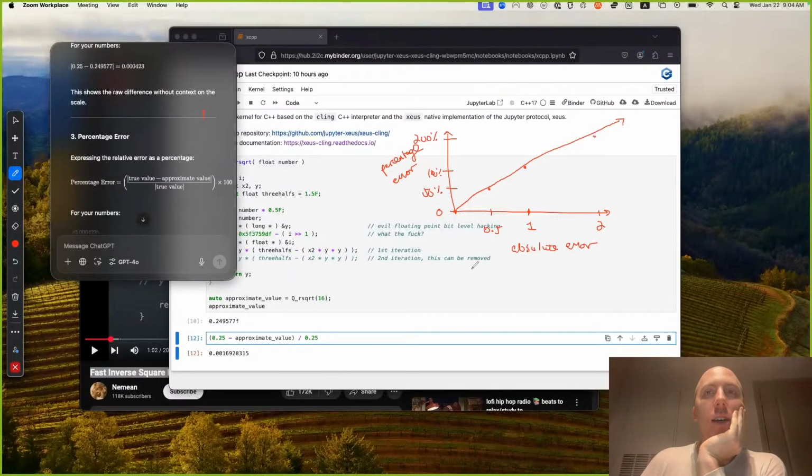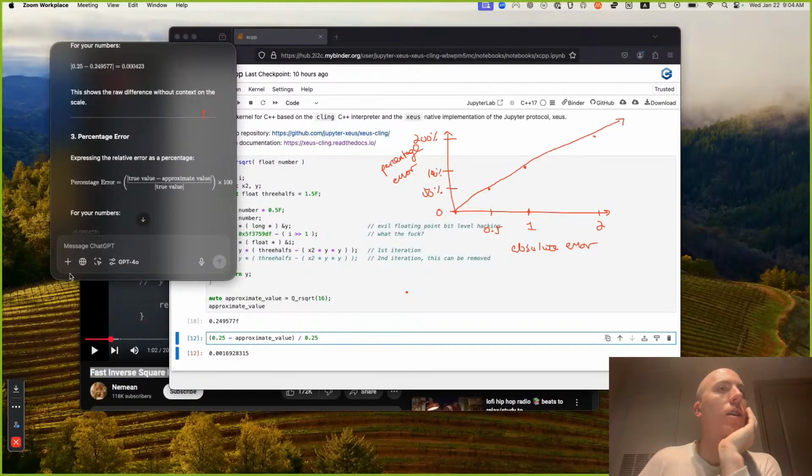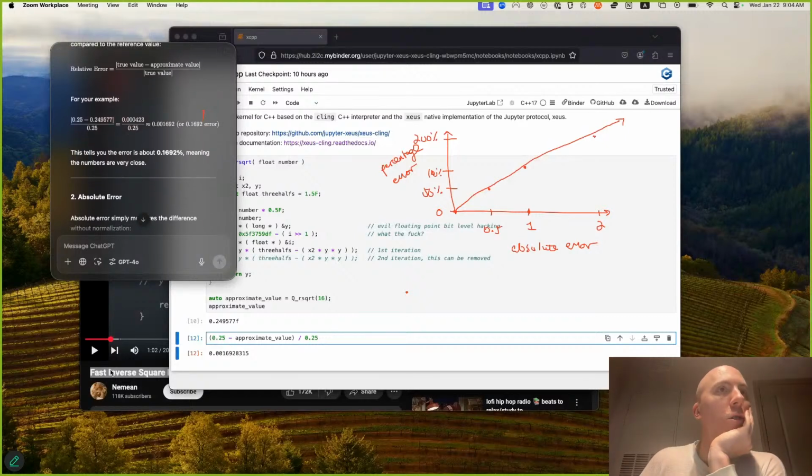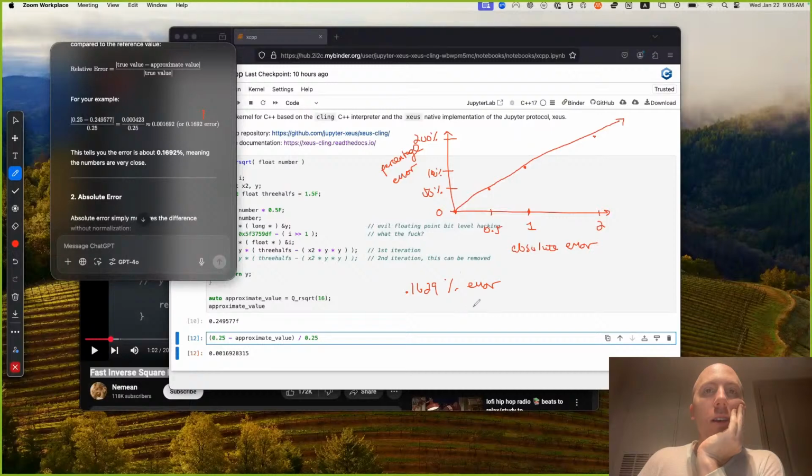So say we have a point with 0.1629% error. That's pretty good. I mean, if you just had a 1% error, what would a 1% error be?